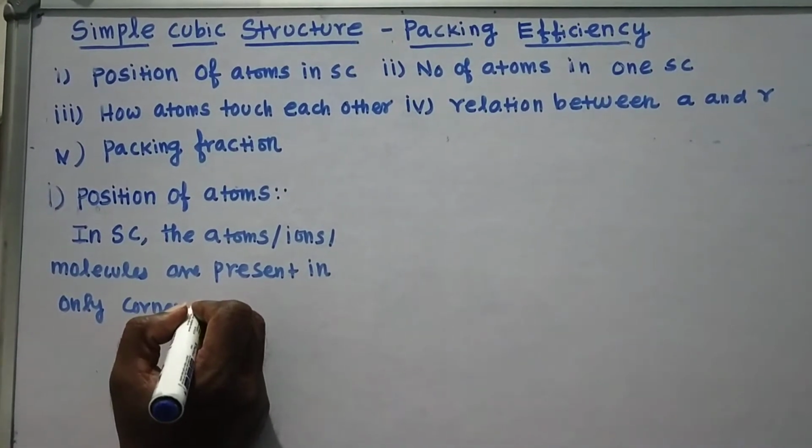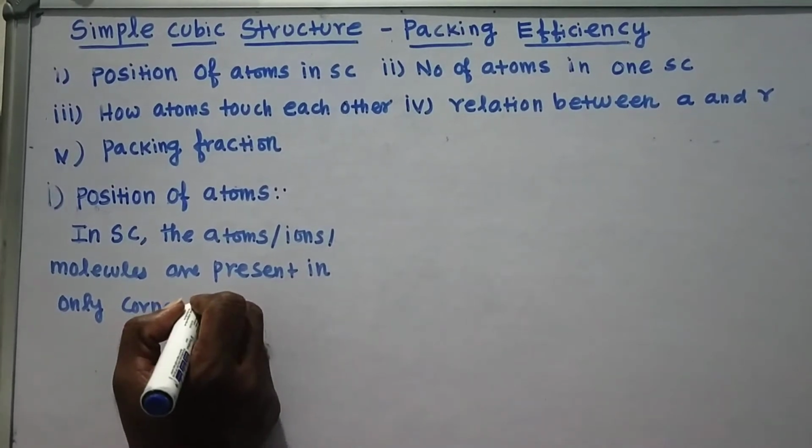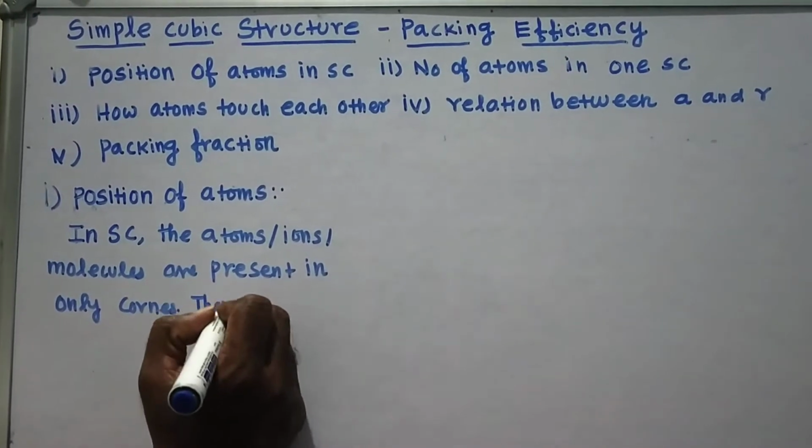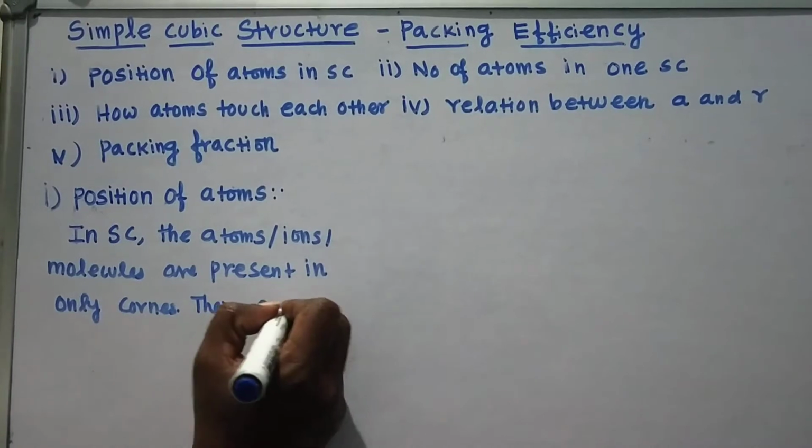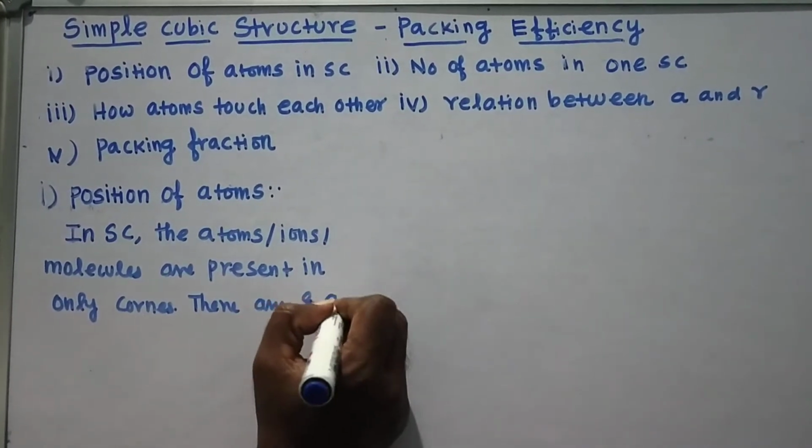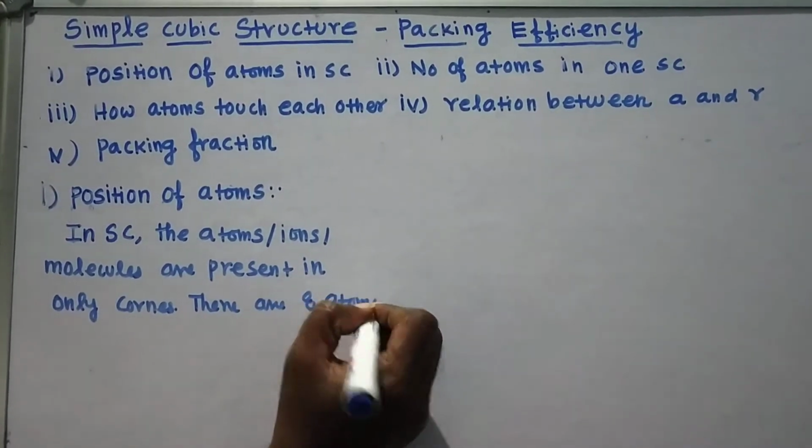There are 8 atoms in a simple cubic structure. Therefore, there are 8 atoms.